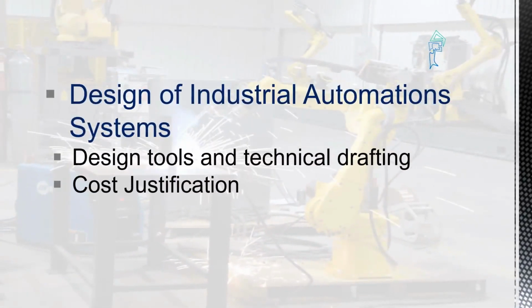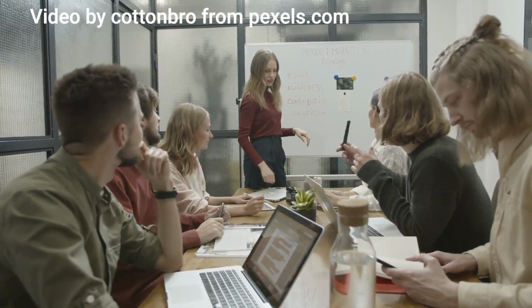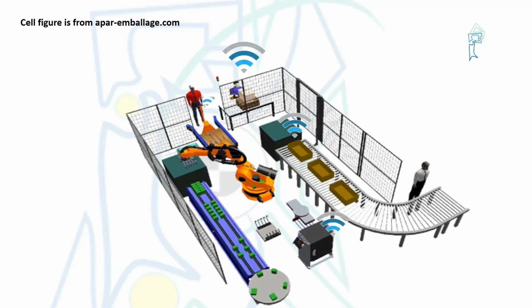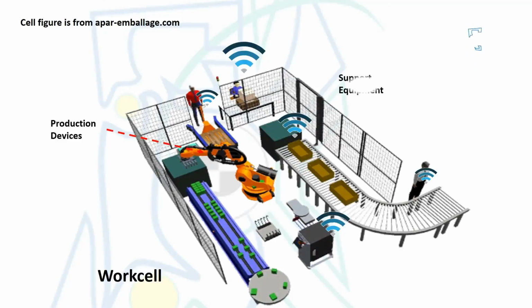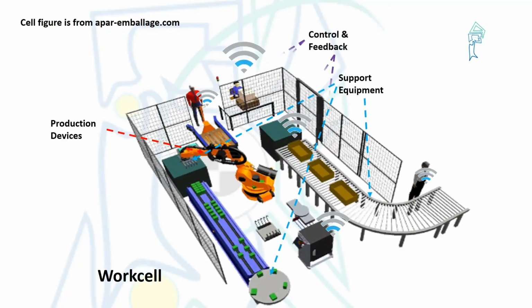before developing or setting up automation systems in industry, we need to have a good design and a safe design, with optimum cost justifications. Basically, in the industrial automation environment, they are called work cells.